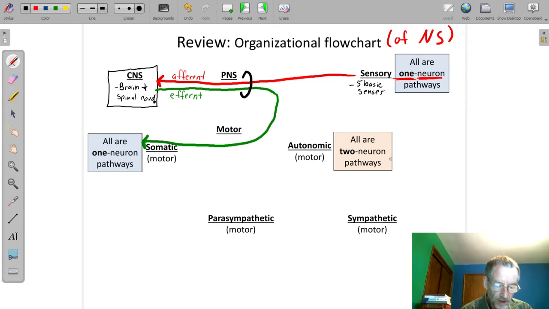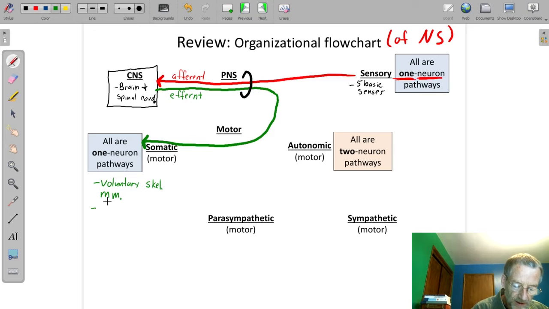So some terminology. When we're talking about somatic motor, these are voluntary skeletal muscles. Abbreviate skeletal muscles, MM for muscles.